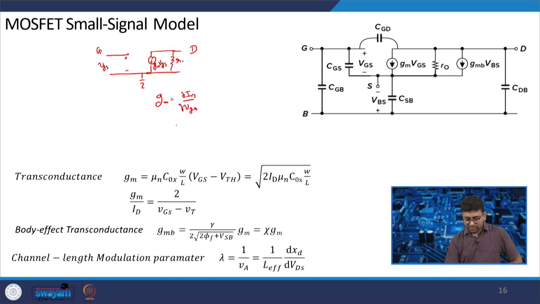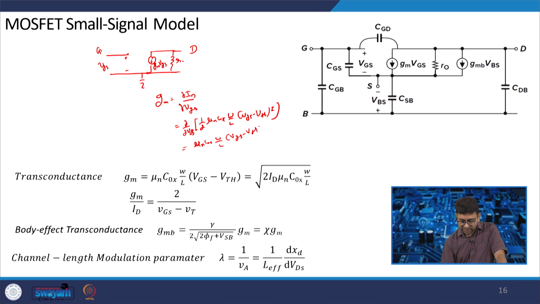ID current, if we take del by del VGS of half mu n C ox W by L VGS minus VTH whole square, you will get mu n C ox W by L VGS minus VTH. This is one of the equations of GM.